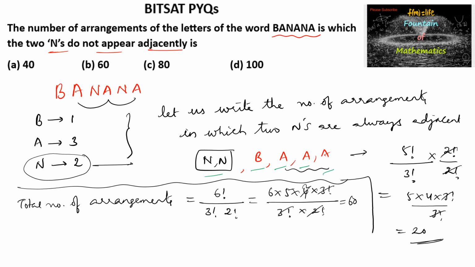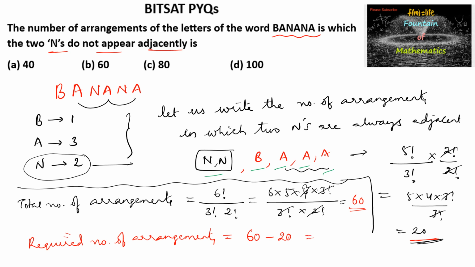So we can write here 60, but among the 60, 20 arrangements are there with two N's adjacent. So the required number of arrangements can be given by: among the total arrangements 60, we need to remove these 20 arrangements in which two N's are adjacent.